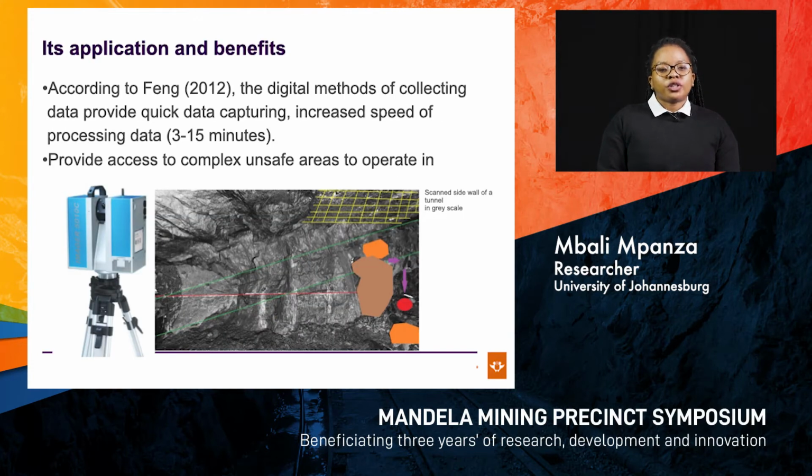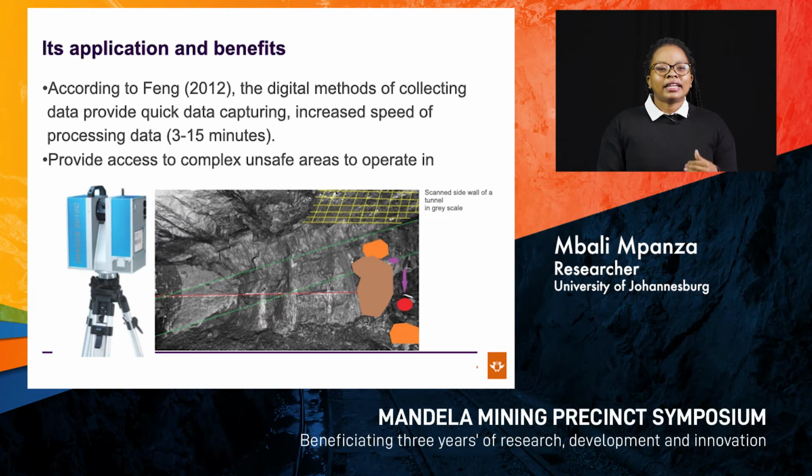There are very good things that one can say about the LIDAR scan technology or the laser scanning technology. Number one is the fact that you can capture the features that you're trying to identify in a very short amount of time. And as we know, underground mining working places are quite dangerous.